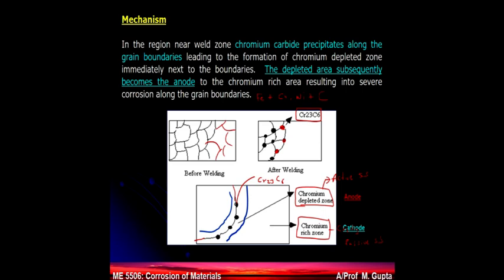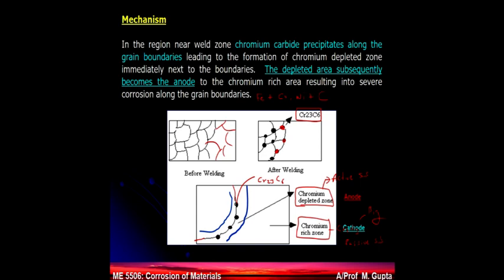Since the cathodic area here is big, the corrosion happens very fast, because no matter how much iron dissolves in the grain boundary, it is always supported by a cathodic reaction. So this is intergranular corrosion.